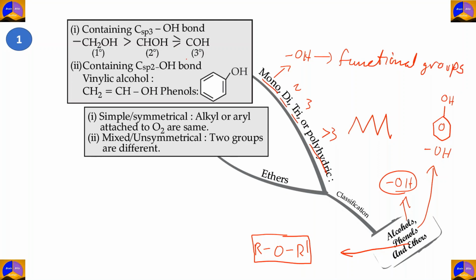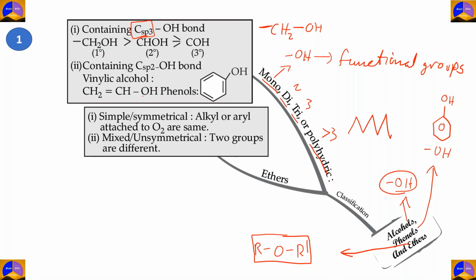Now, in the box, we get another type of classification, which is a classification regarding the carbon atom to which the functional group is attached. So the first case contains an OH attached to a carbon which has an sp3 hybridization, which means it contains only single bonds.